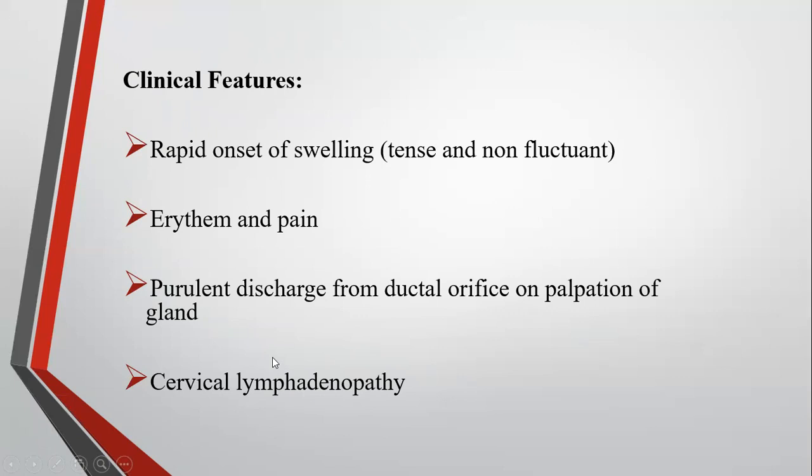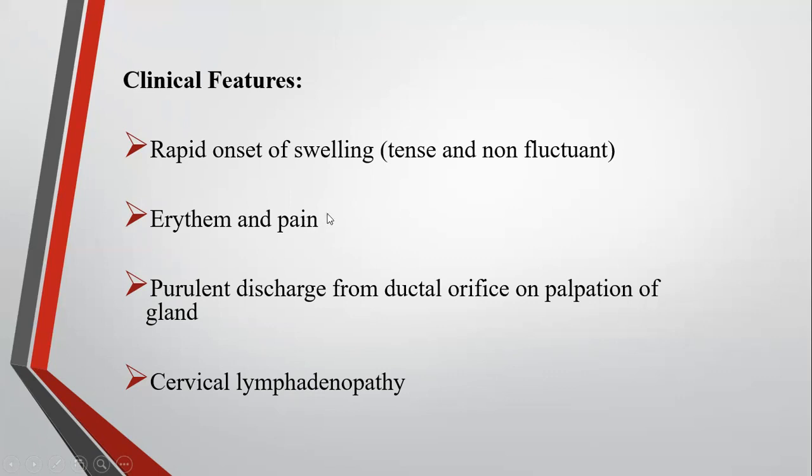Whenever you palpate the gland, you will see pus discharging out from the duct opening. And the patient with bacterial sialadenitis will most probably have cervical lymphadenopathy. So do remember this as well, that he will present with a rapid onset of swelling, which will be tense and non-fluctuant. There will be erythema and pain.